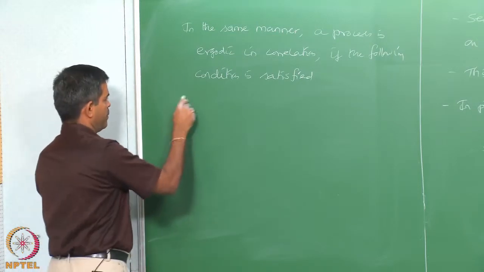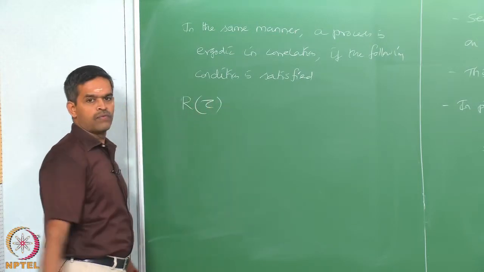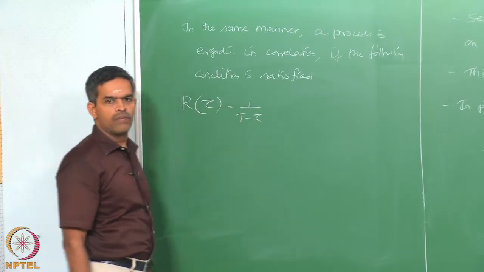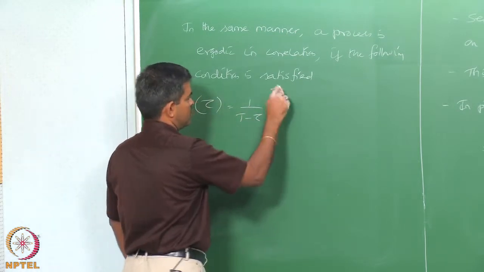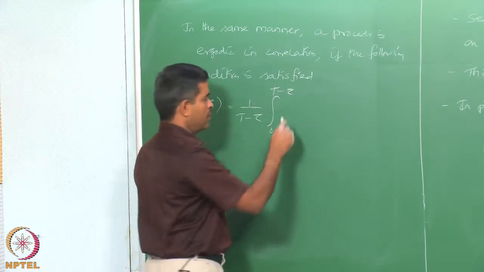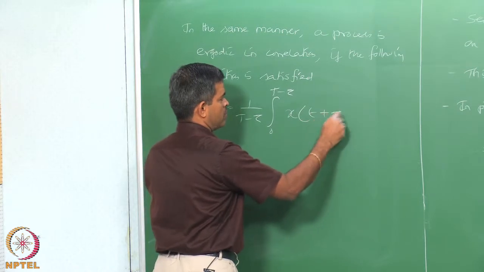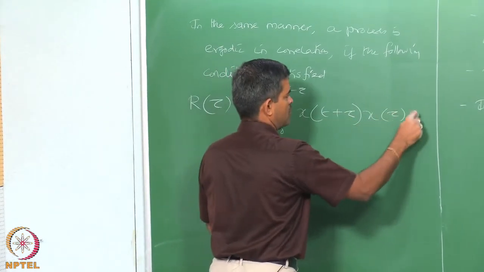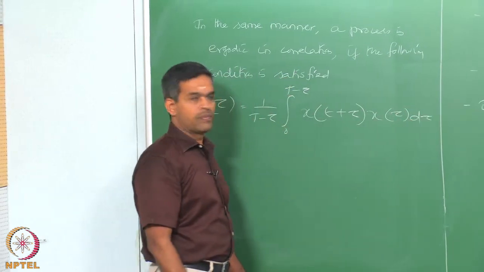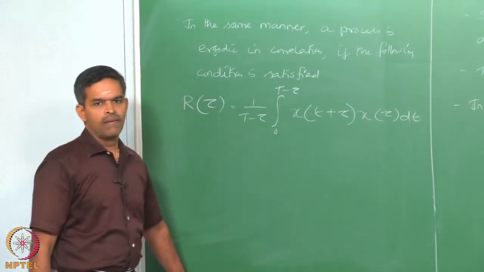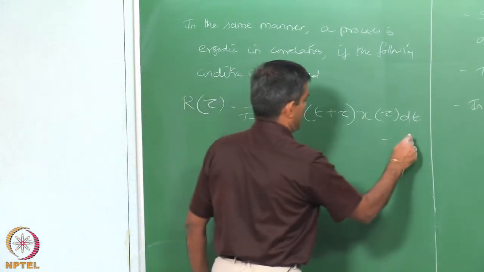That is, R of tau equals 1 by t minus tau, integral from 0 to t minus tau of x of t plus tau x of tau d tau dt. Call equation number 9.